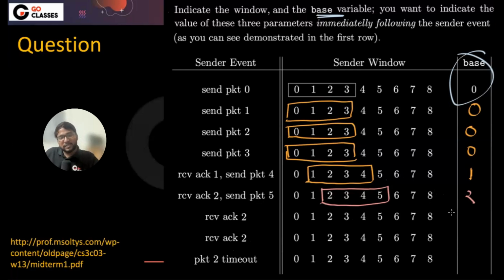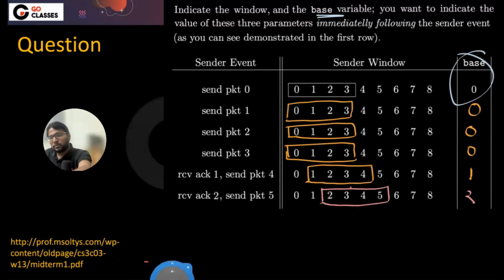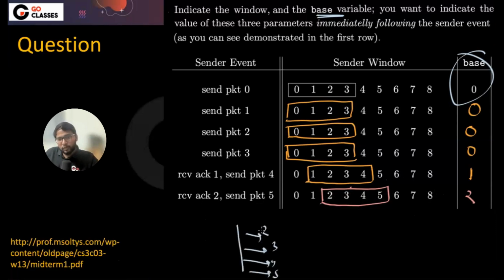The moment you are getting 3, do you remember what this receiver will do? It will discard, right? Suppose that 2 is lost, and you have sent 2, 3, 4, and 5, but 2 is lost. The moment it receives 3, what it will say?